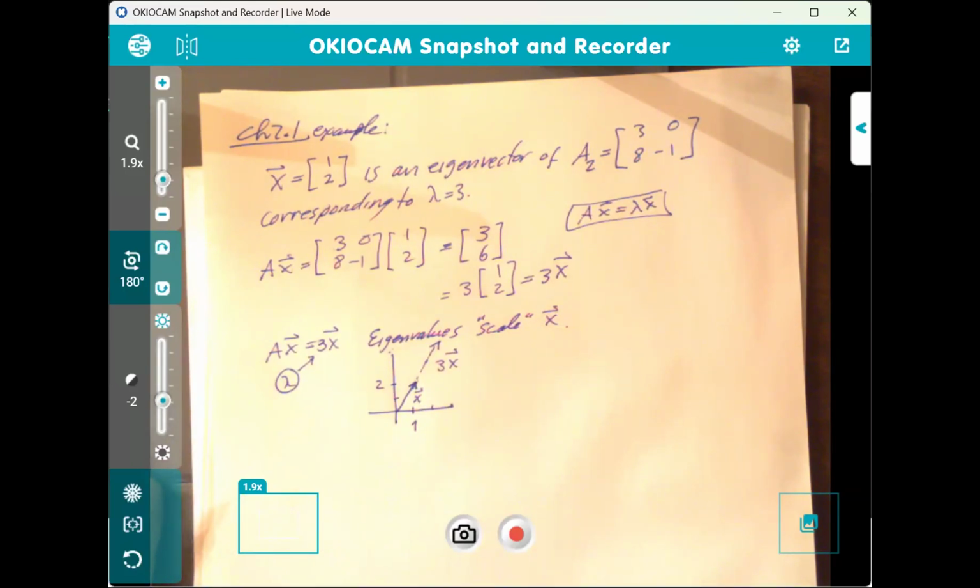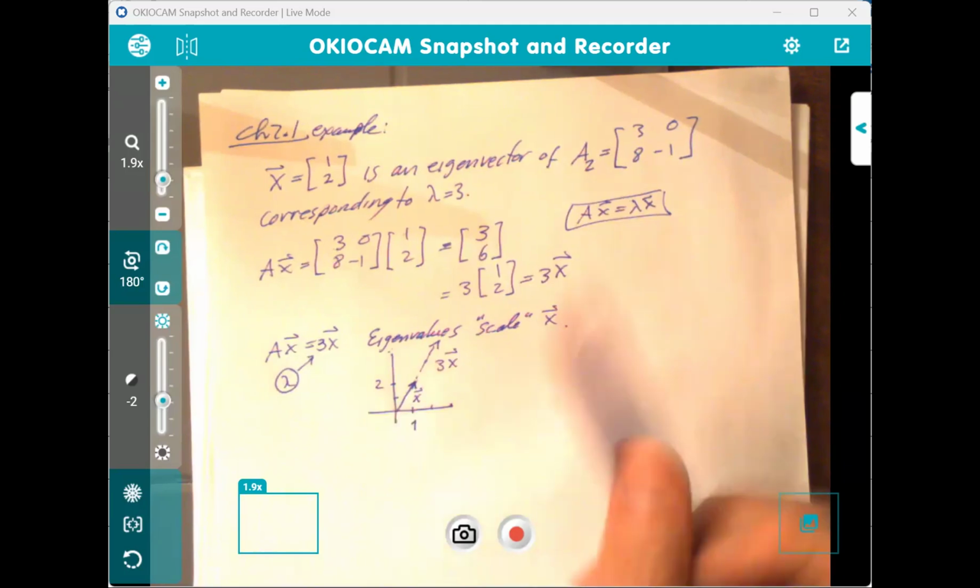Okay. Now, let me change my share and we're going to go to the book. Okay, so that's what that is. Now, let's talk about eigenspace. Associated with every eigenvalue, there are actually infinitely many eigenvectors. We can find infinitely many eigenvectors, right? Because remember, eigenvalues scale x.